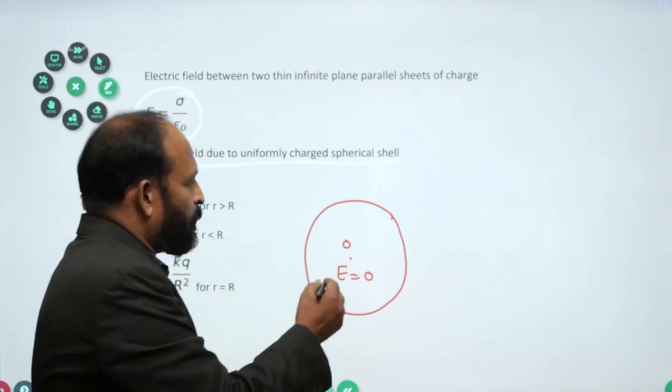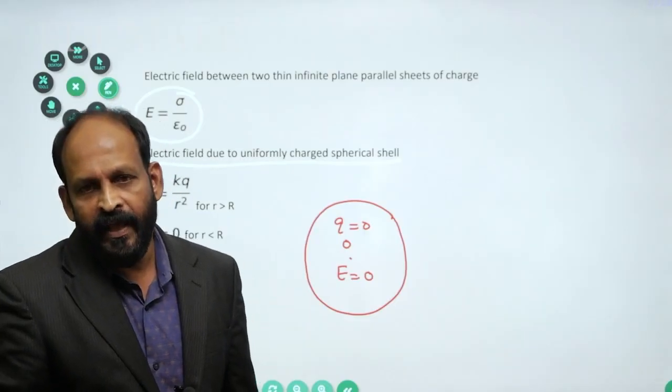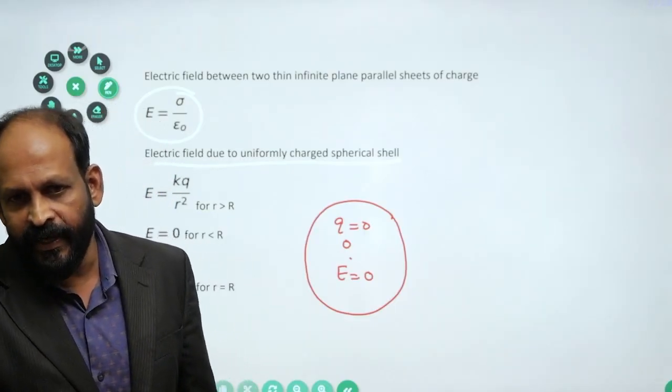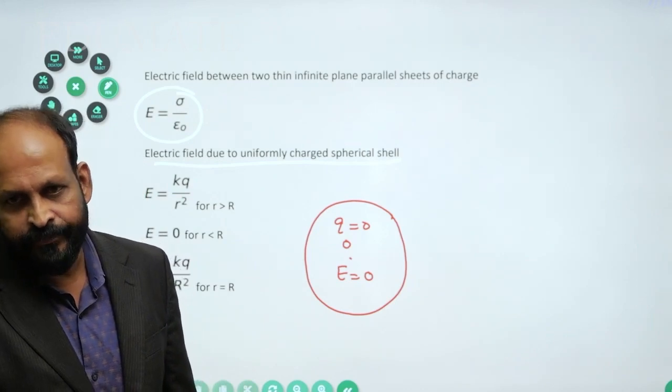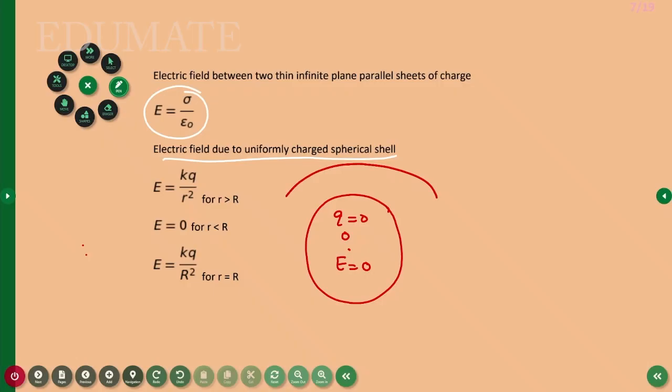Inside there is no platform, and as a result the value of Q is equal to 0, and therefore the field intensity is 0. The charges always reside on the surface, so the intensity is maximum on the surface, and as it goes outward, the field intensity gradually decreases, inversely proportional to the square of the distance. So this is the first case.